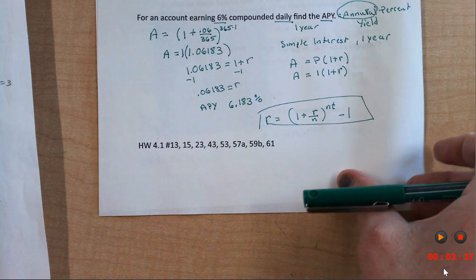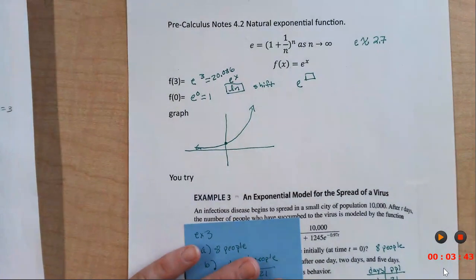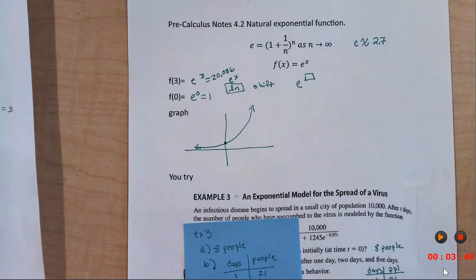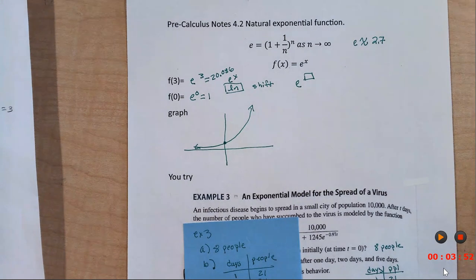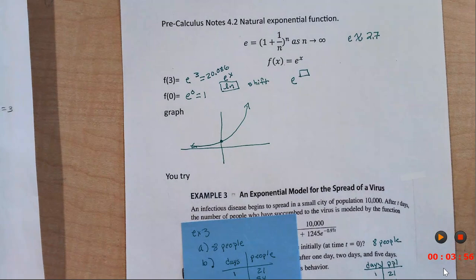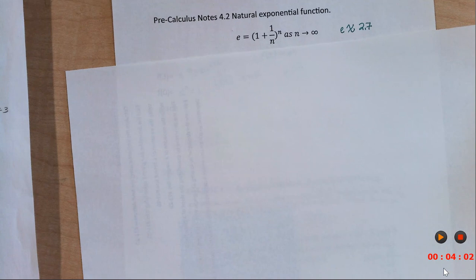So now we're going to move on to the 4.2 notes. So the next page. We're talking about the natural exponential function. First we have to start with the natural number, which we call e. e is defined to be 1 plus 1 over n to the n as n approaches infinity.